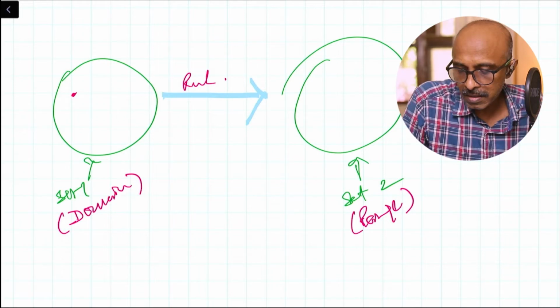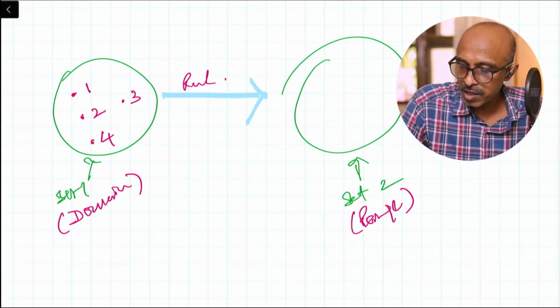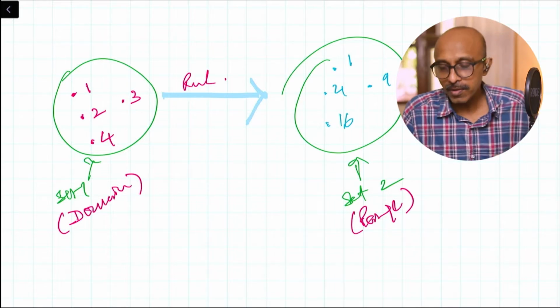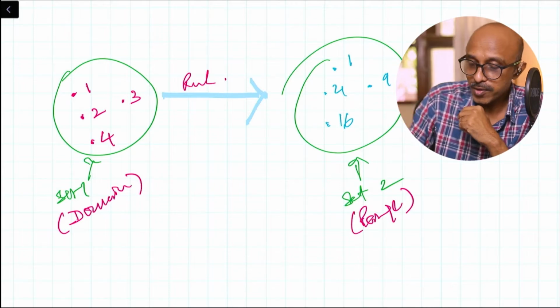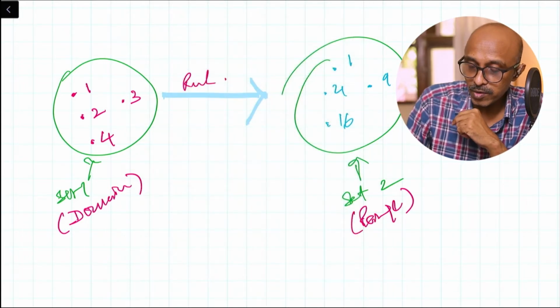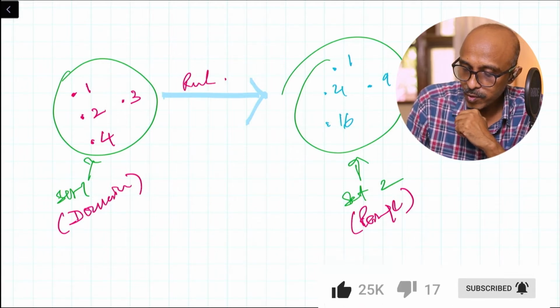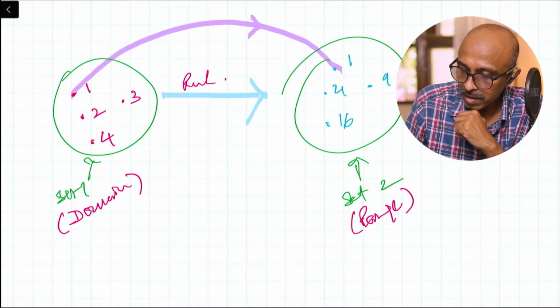The blue one is the rule. Say the elements here are 1, 2, 3, 4, and some elements here are, let's say, 1, 4, 9, 16. Now let's try and visualize a rule. I'm going to use another color here to say the rule is that 1 is related to 1, 2 gets related to 4.